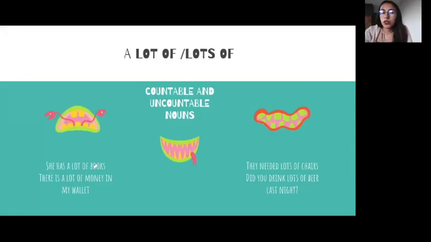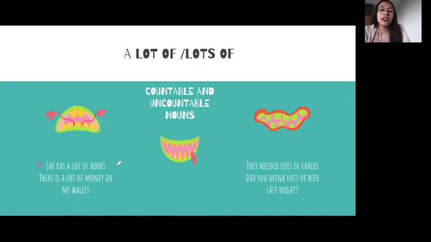El sustantivo el cual voy a determinar es books, un sustantivo contable plural. She has a lot of books. Ella tiene muchos libros. ¿Listo? Acá se puede decir, ella tiene muchos libros.